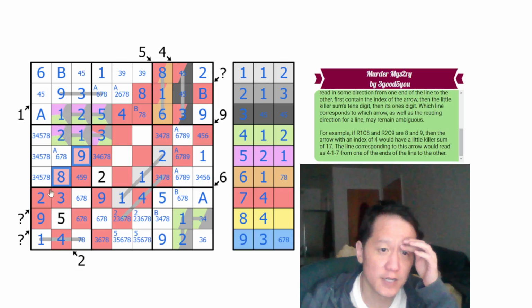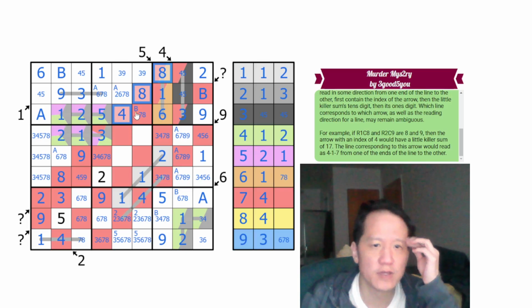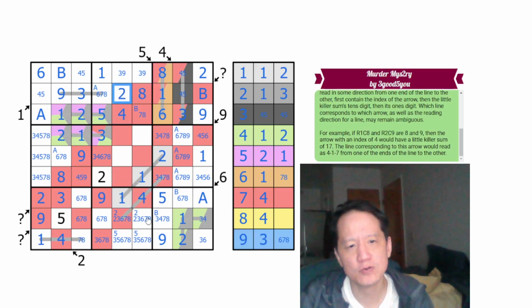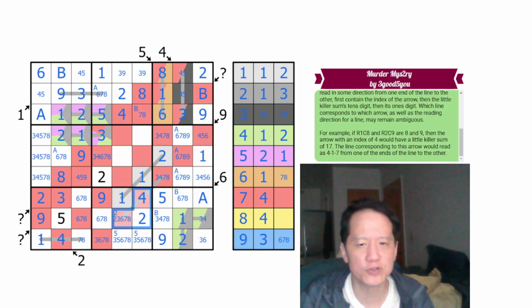Right, because this is 19 plus 20. Yeah, and this would then, well, no, this would be 42. And then this could not be 42. Okay, so that's why it's problematic there.